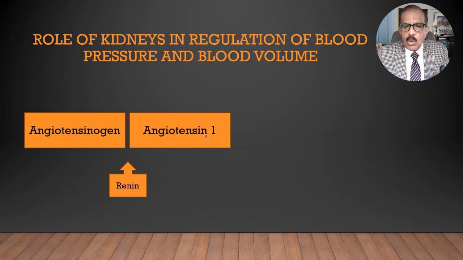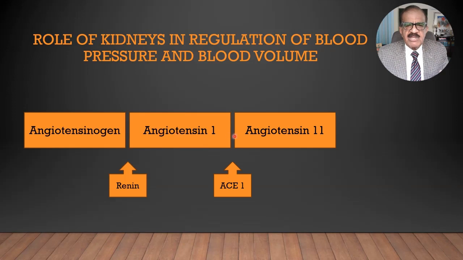Angiotensin 1 has got some effect on the blood vessel. It can constrict blood vessels, and it can also stimulate aldosterone, but very mildly. And the major effect is that of angiotensin 2. Angiotensin 1 is converted into angiotensin 2 by an enzyme called angiotensin converting enzyme 1, ACE1. This can occur in many parts of the body, but mainly in the lungs.